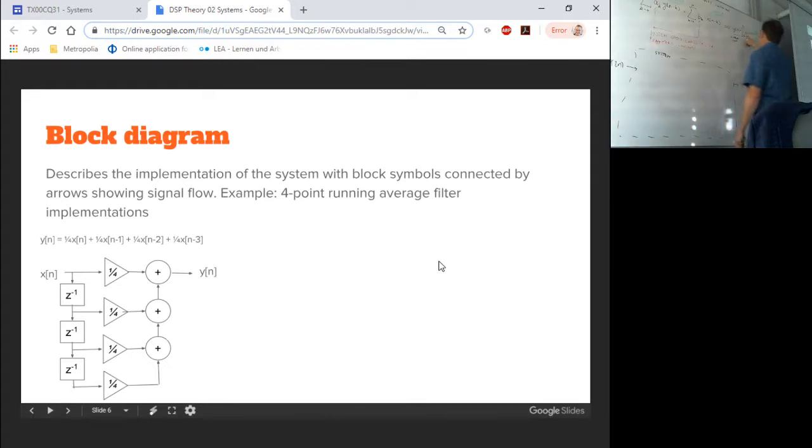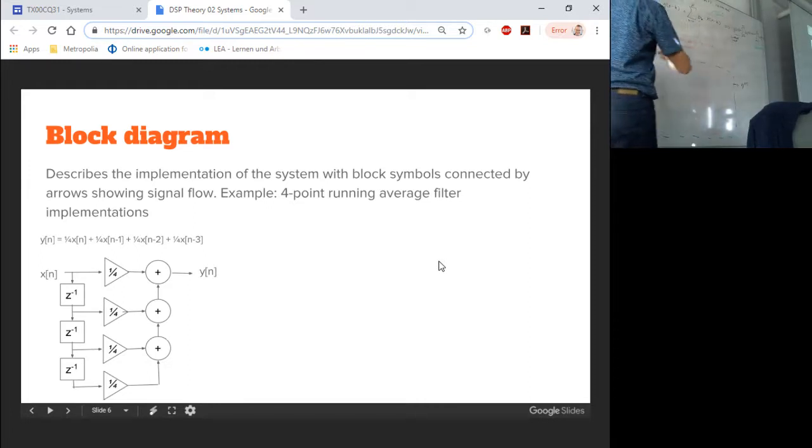The system has the system coefficients, b's and a's. And then it also has the time shift. All of those are inside.